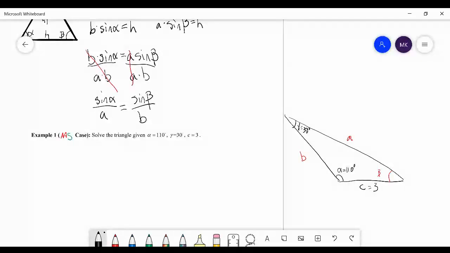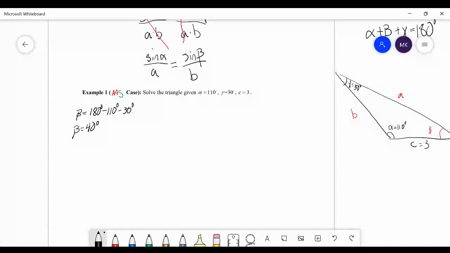So that means alpha plus beta plus gamma equals 180 degrees. So for this problem, beta is 180 degrees minus 110 degrees minus 30 degrees. We get that beta equals 40 degrees.